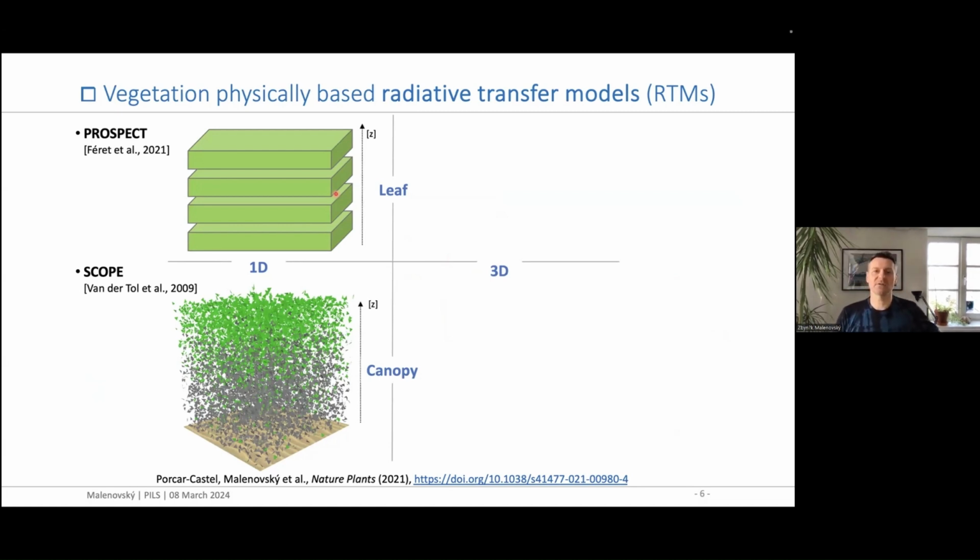The one-dimensional model means that the only variability which we are simulating is in a vertical dimension. Horizontally, we assume the medium, being leaf or canopy, is completely homogeneous. So there is no structural interruption, no discontinuous canopies. There is only one large canopy.